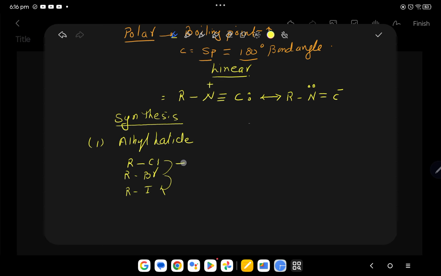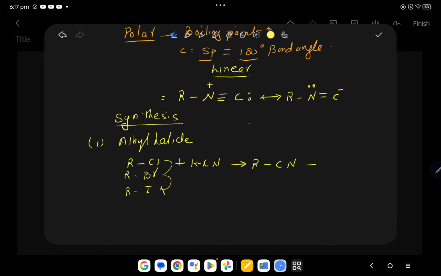But here I am showing the reaction with KCN. What is happening here? This bond is breaking, nucleophilic substitution, and we are getting RCN.